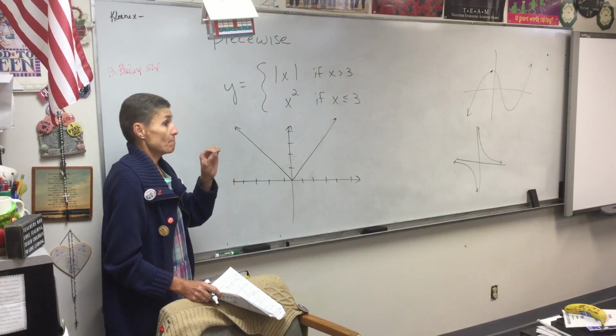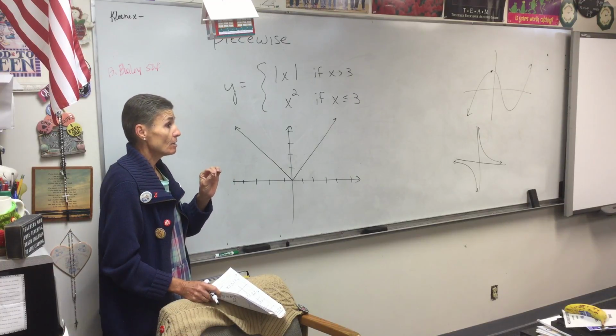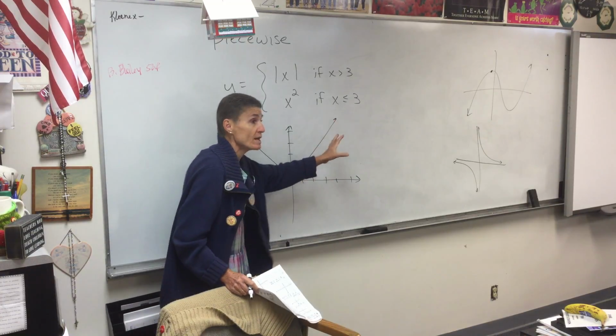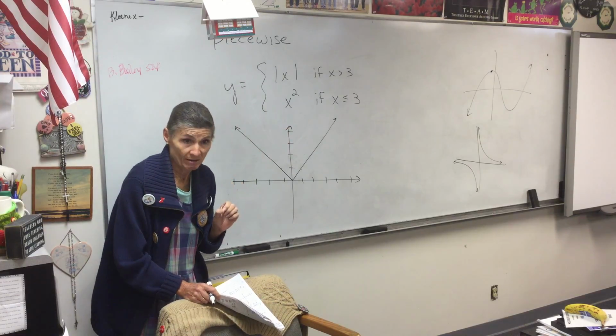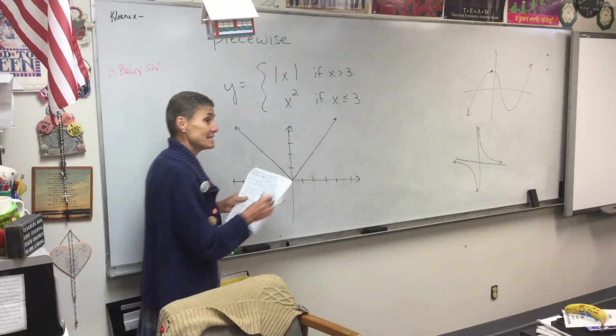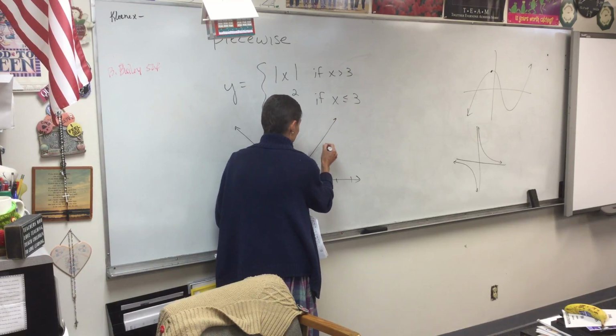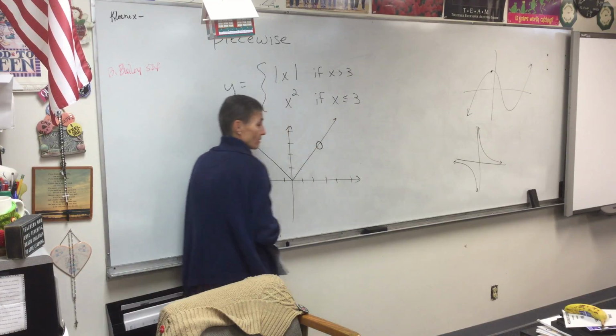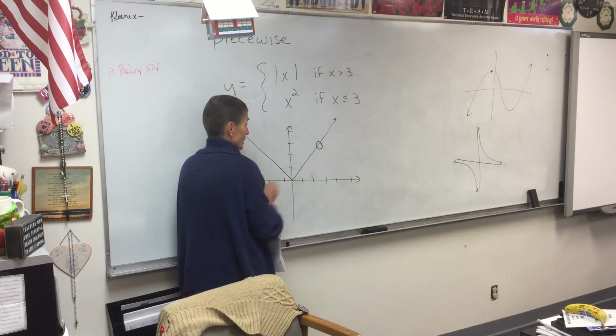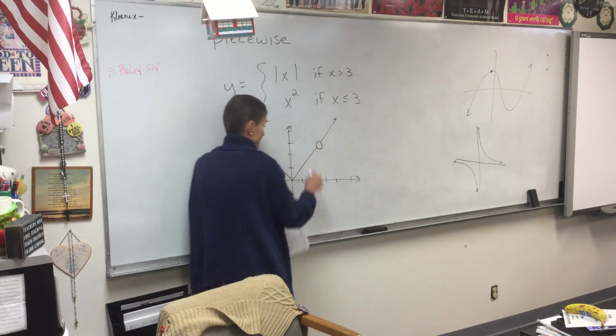But this is a piecewise function, which means I don't want the whole thing, I only want a piece of it. And the piece that I want starts where x is 3. So it starts right here. Now, what are the coordinates of that point?